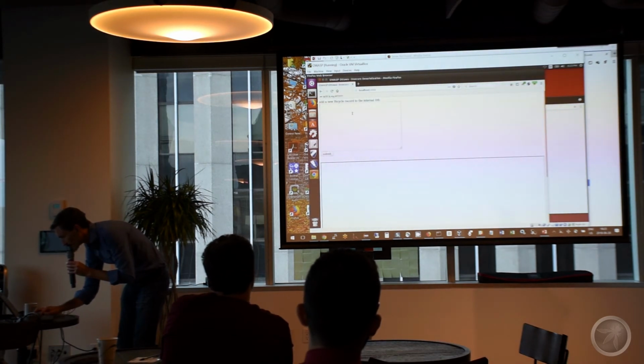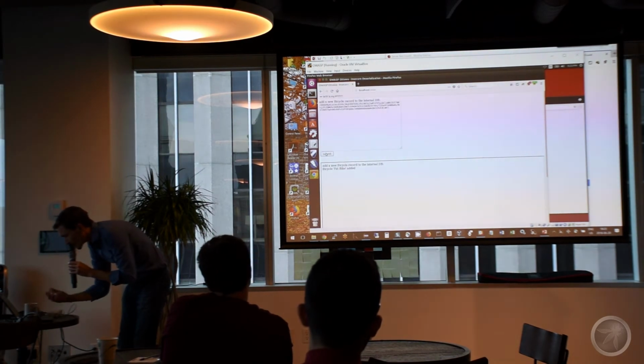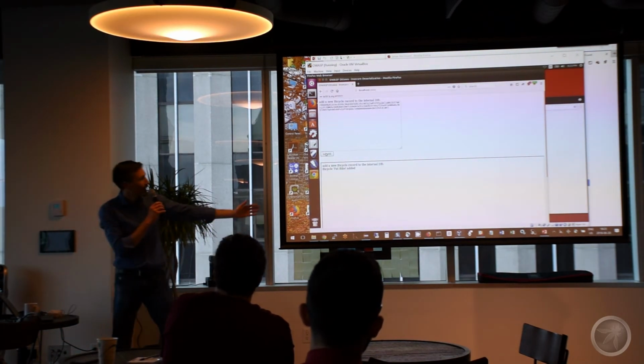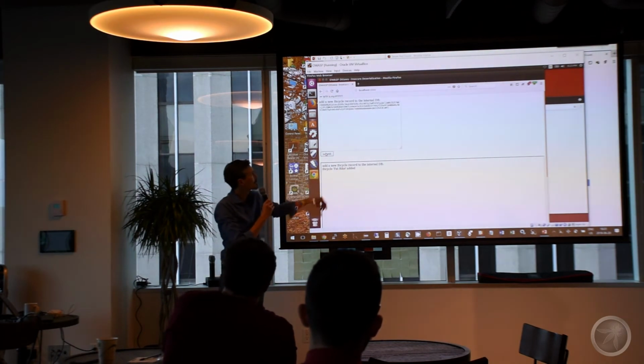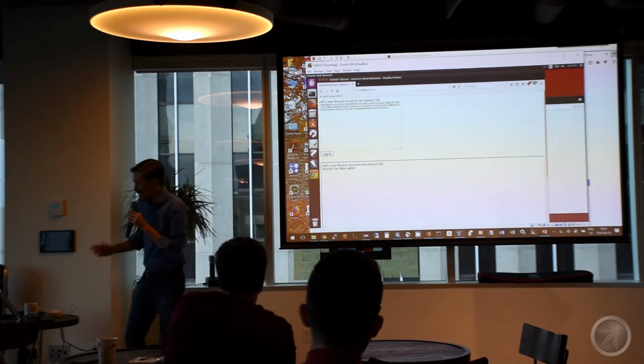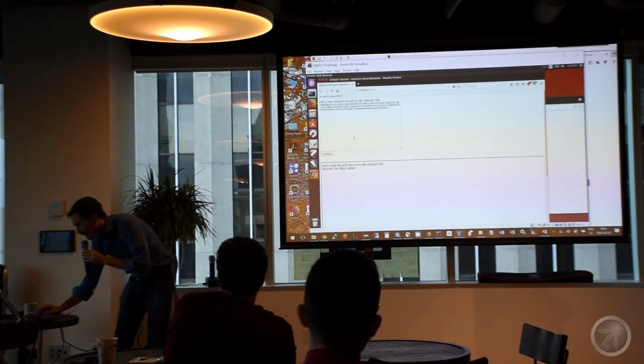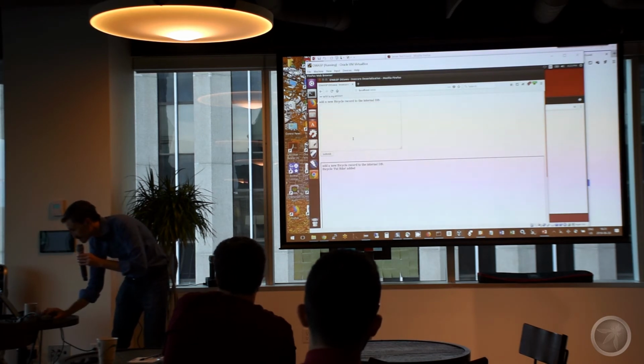here, click submit. Basically, the bicycle fatback was added, right? So now let's try something else.